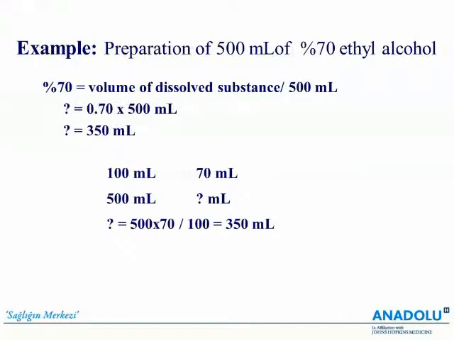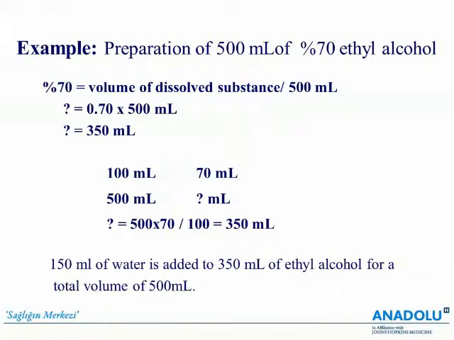Again, we can do it a lot more easily using direct proportion. So what we will do at the end is we will take 350 milliliters of ethyl alcohol and we will add on top 150 milliliters of water to make a total of 500 milliliters of a 70% ethyl alcohol solution.